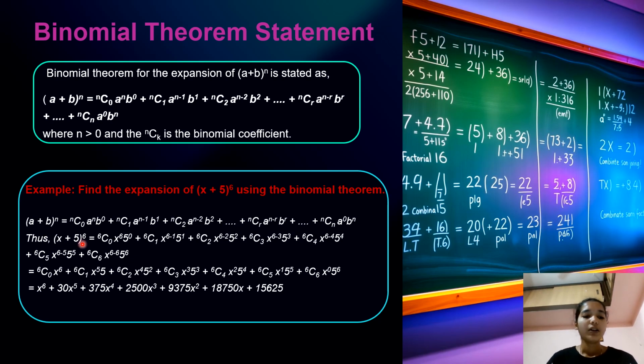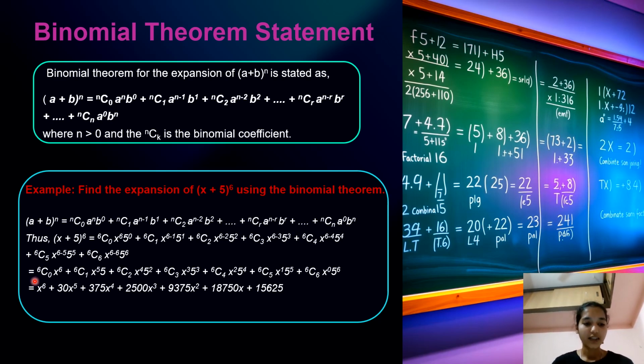This is the formula. (x + 5)^6 = 6C0 x^6 5^0 + 6C1 x^(6-1) 5^1 + 6C2 x^(6-2) 5^2 + 6C3 x^(6-3) 5^3 + 6C4 x^(6-4) 5^4 + 6C5 x^(6-5) 5^5 + 6C6 x^(6-6) 5^6.